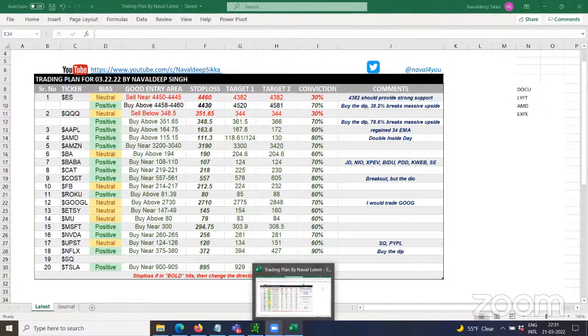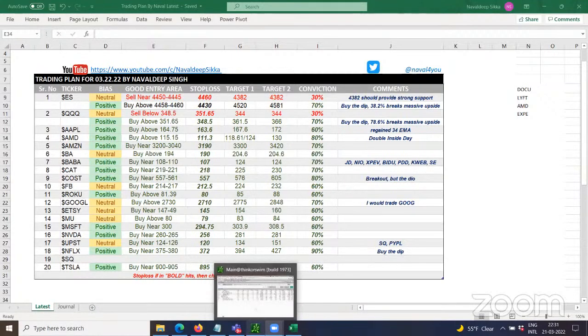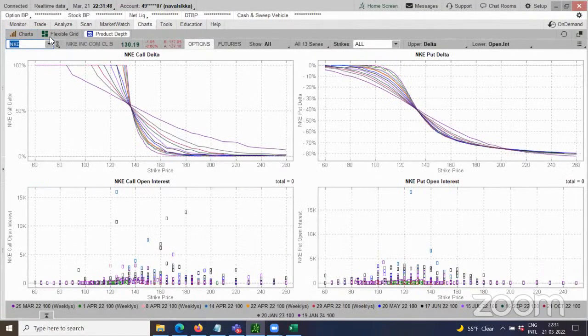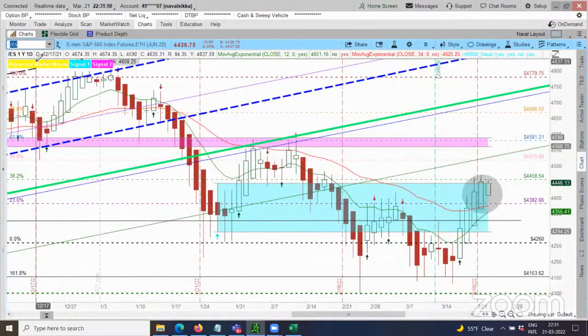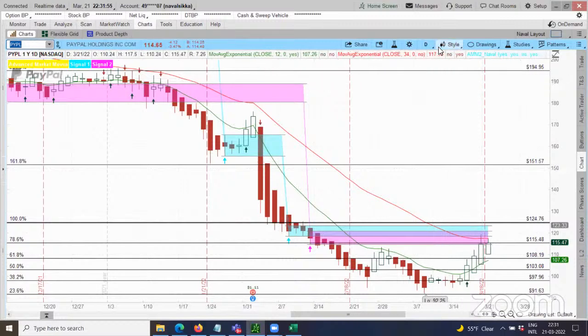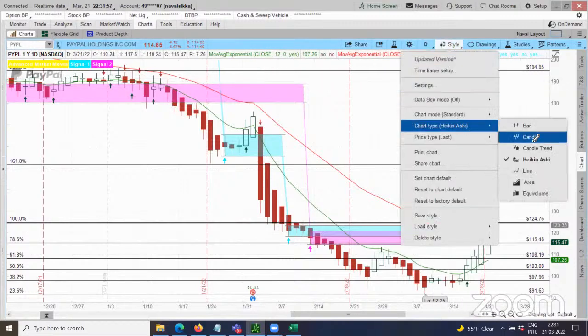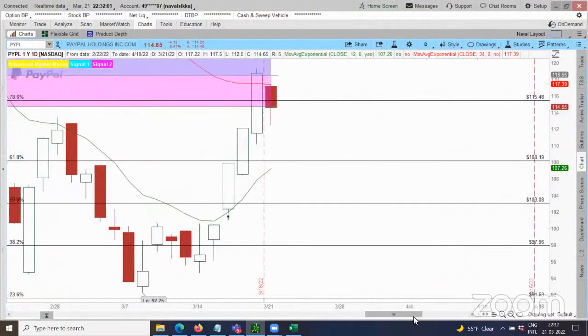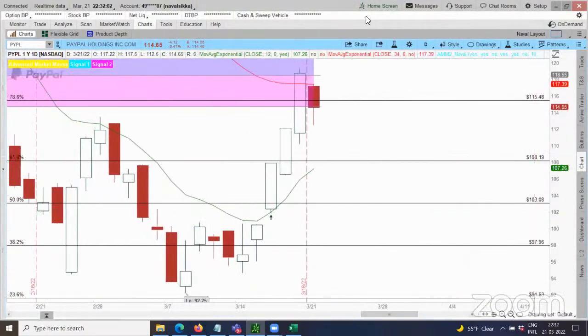So inside day, practically, it's a candle within a candle. Let me explain. Let me take PayPal as an example. Look at this. This is a massive candle from Friday.